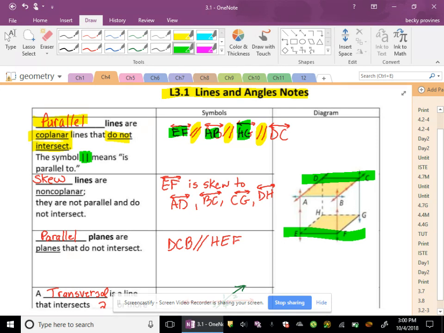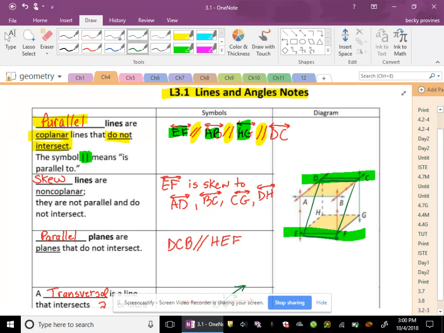Could you slice this cube of cheese diagonally? And of course you could. And if you were to slice this diagonally, there would be a plane there. And so therefore DC and EF form a plane. So that's why they are parallel.